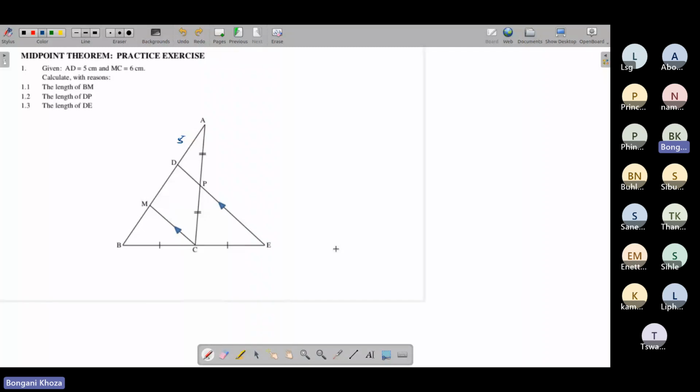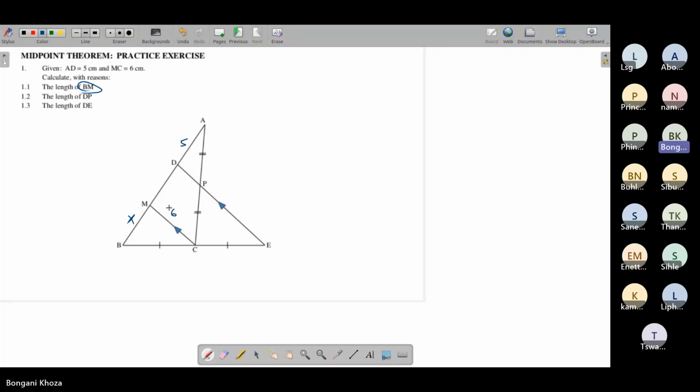So for BM, BM is located over here. We know something about AD. AD is over here, it's 5. And we know something about MC, which is over here, or CM, as 6.